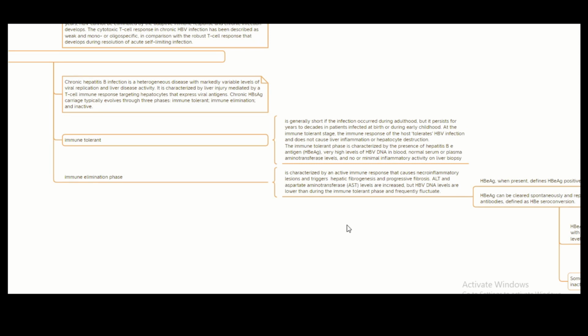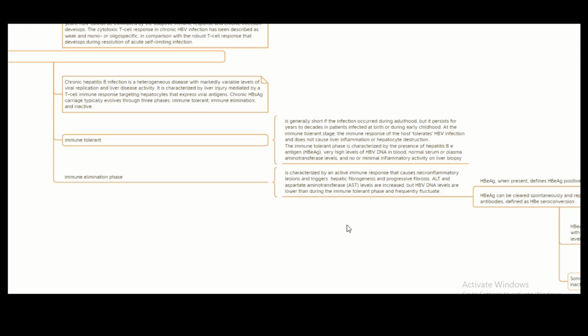So, within the immune activation or chronic hepatitis, we have two types. We have HBe positive, where we have a lot of HBe antigen. This is usually because the patient is infected with the wild type virus and is able to secrete HBe protein.